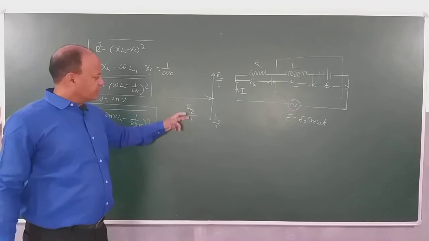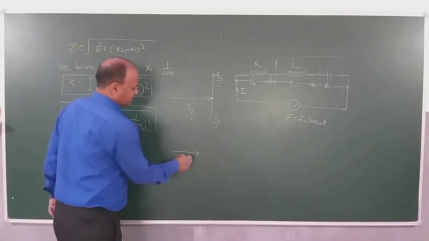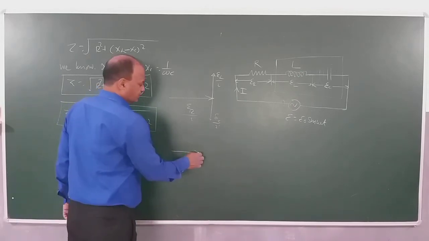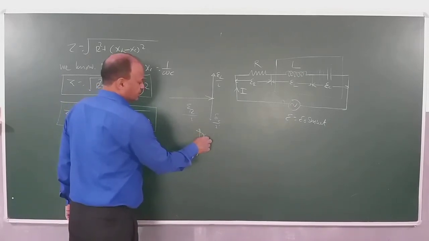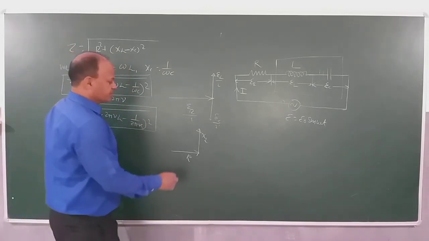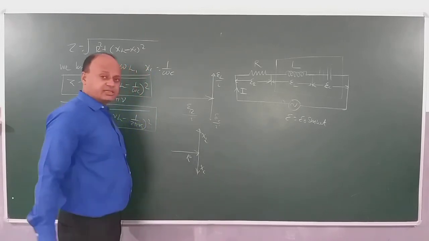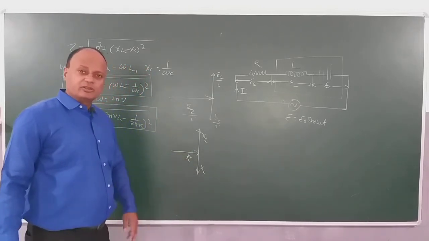Resistance. The potential difference across the resistor divided by I is the resistance. This is the resistance of the inductor, called inductive reactance, and this is the resistance of the capacitor, called capacitive reactance. Vectorially we have represented all three resistances.